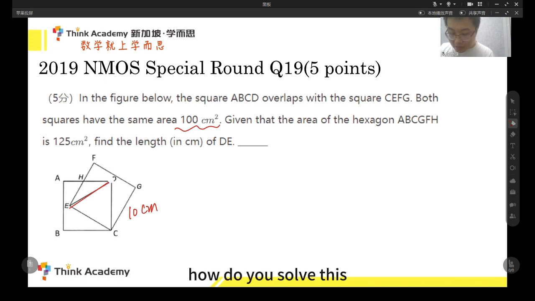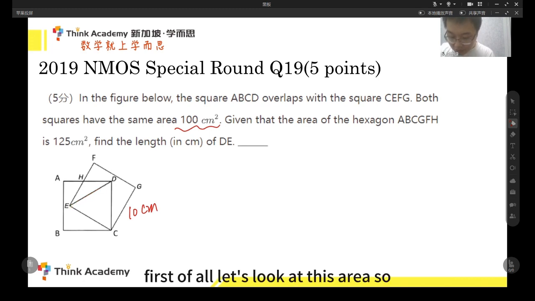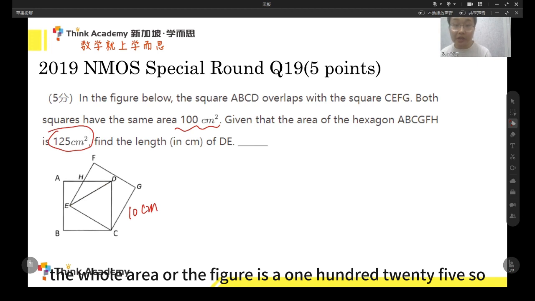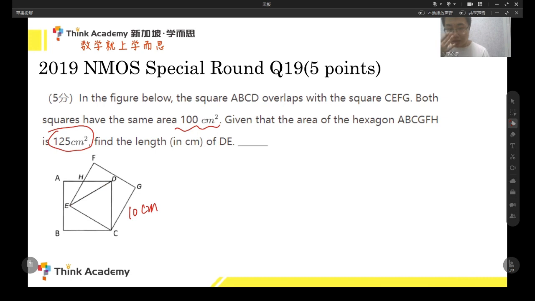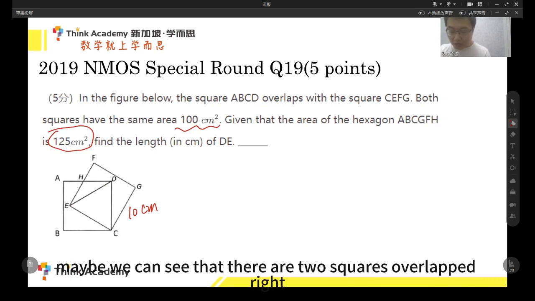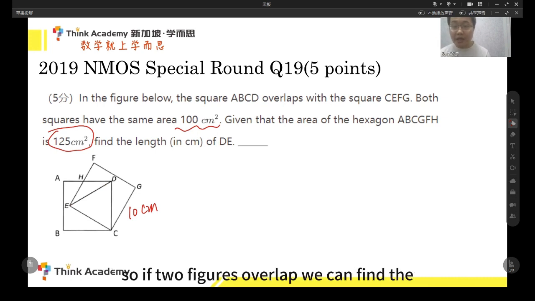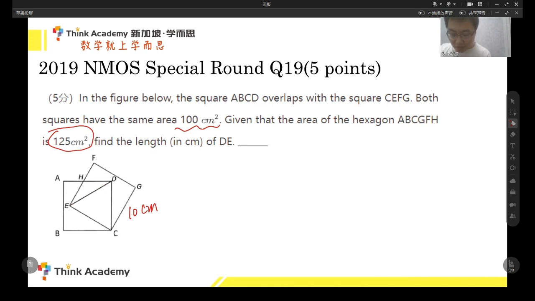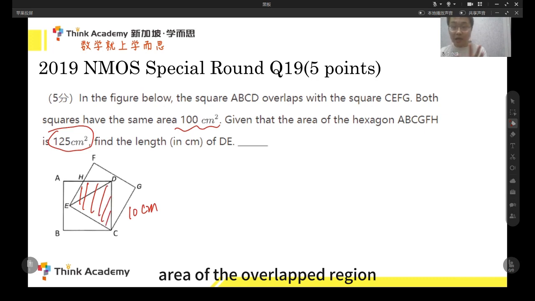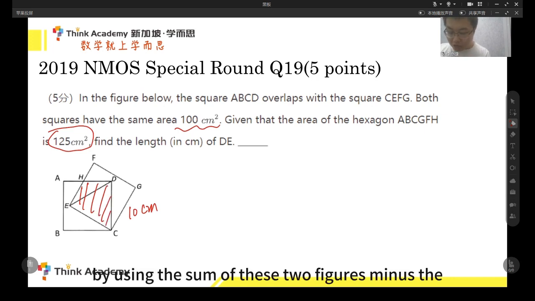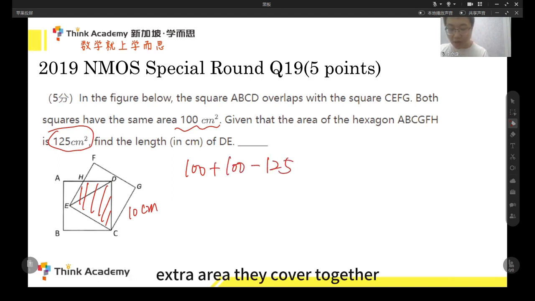How to solve this? First of all, let's look at this area. The whole area of the figure is 125. So what can we learn from this? Maybe we can see that there are two squares overlapping, right? If two figures overlap, we can find the area of the overlapped region by using the sum of these two figures minus the extra area they cover together.